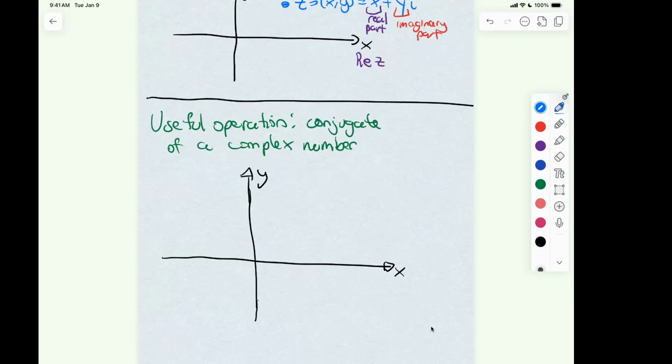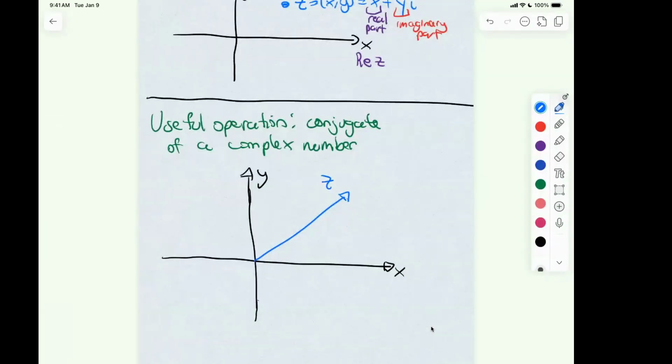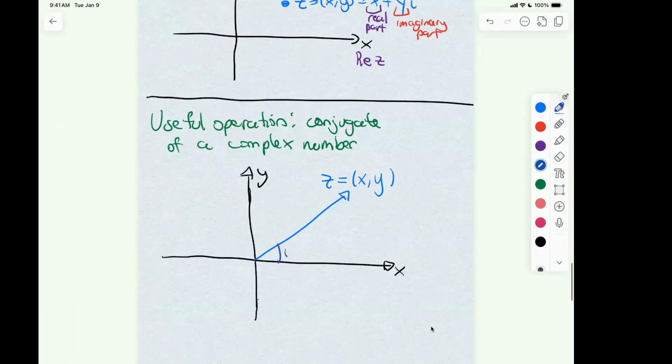So the idea is that if you have a complex number like this, at an angle theta, let's call this angle theta. The conjugate is what you get if you imagine putting a mirror along the x-axis and looking at the reflection with respect to this mirror.